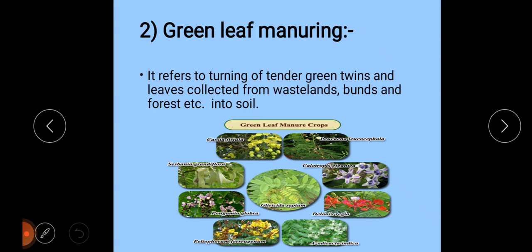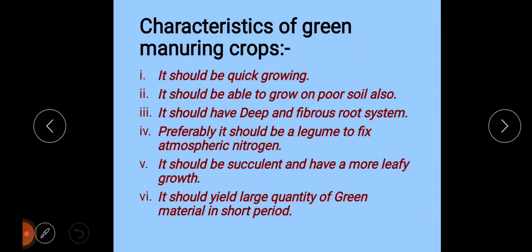Basically, cassia, sesbania, gliricidia, calotropis gigantea, and azadirachta indica are some of the green leaf manuring crops. Gliricidia is a very important green leaf manuring plant. It is useful in paddy fields. Most farmers use it at the time of puddling, and it is buried in the field during the puddling operation.